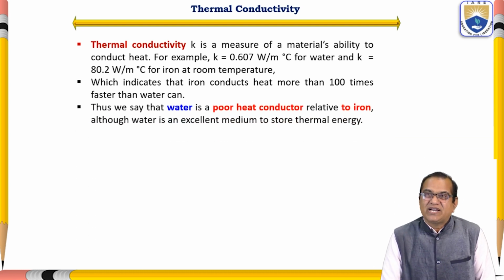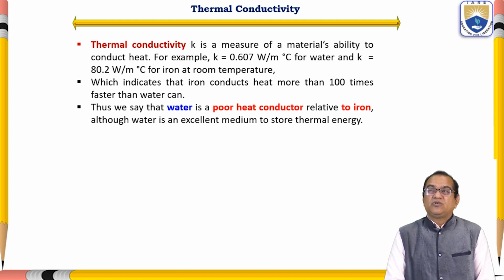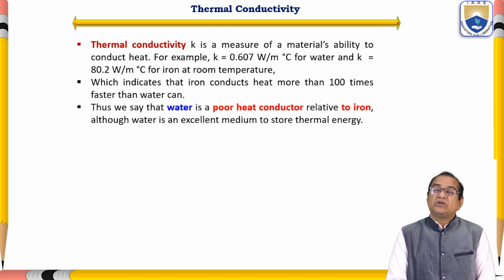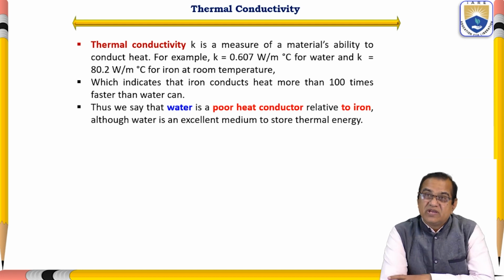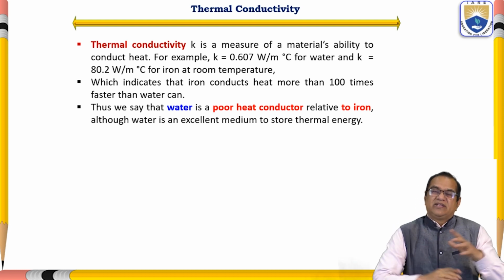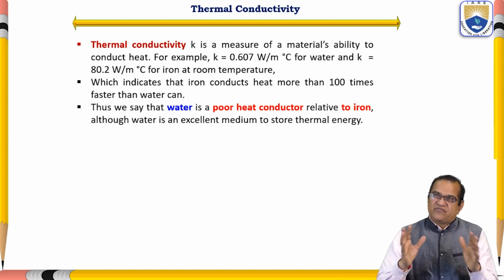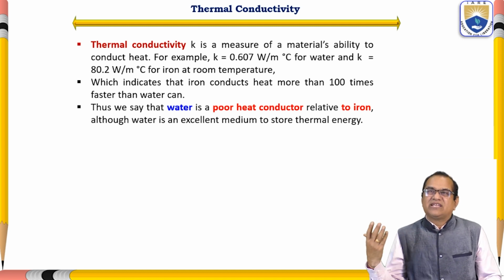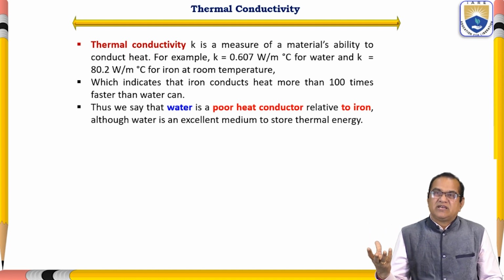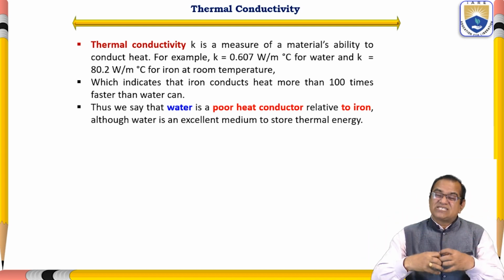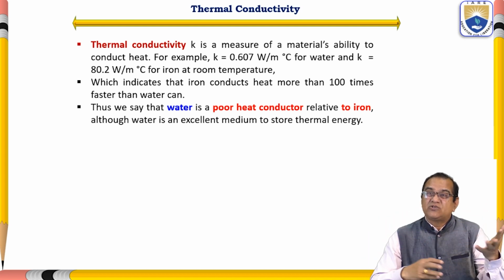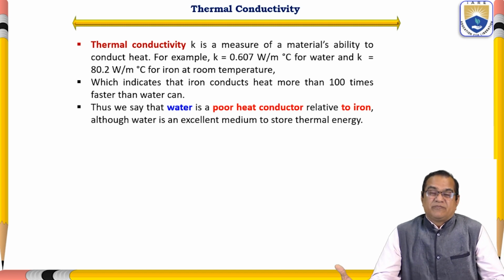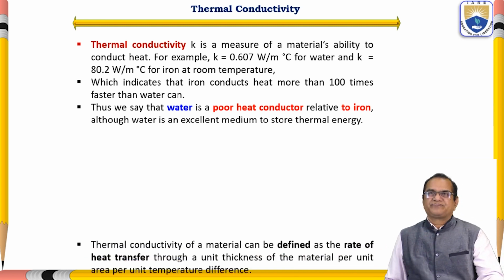Thus we say that water is a poor heat conductor relative to iron, although water is an excellent medium to store thermal energy. Storing capacity is different, which we will discuss in due course of time, but the heat transfer capacity is different. So water is a poorer heat conductor than iron, copper, silver or brass, but water can sustain and accumulate more energy. That is why we use water for our boilers and other activities.